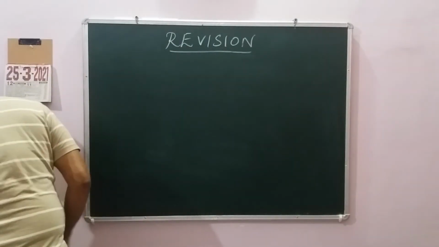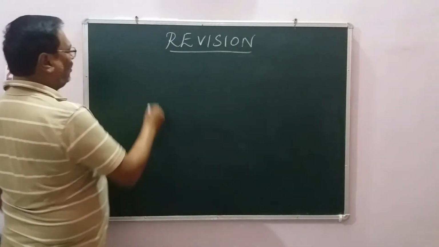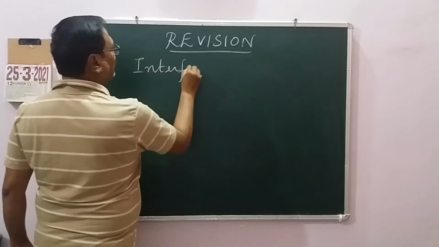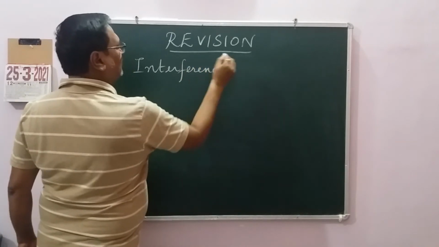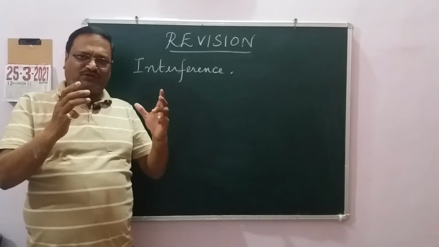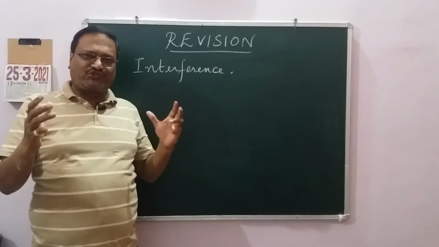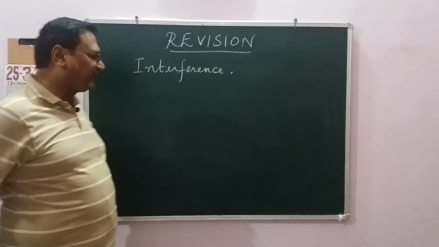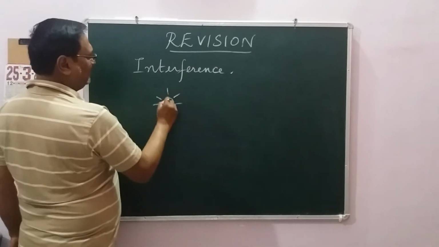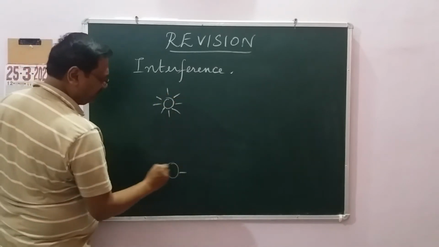Now the next concept is interference. What is interference? When two waves from two different sources overlap, right? Let me take one source of light and another source of light.